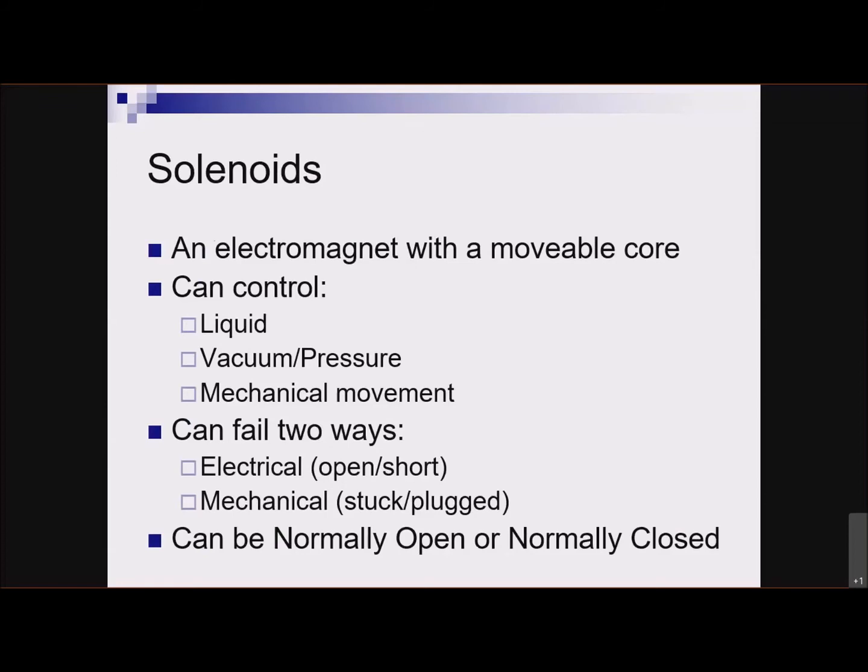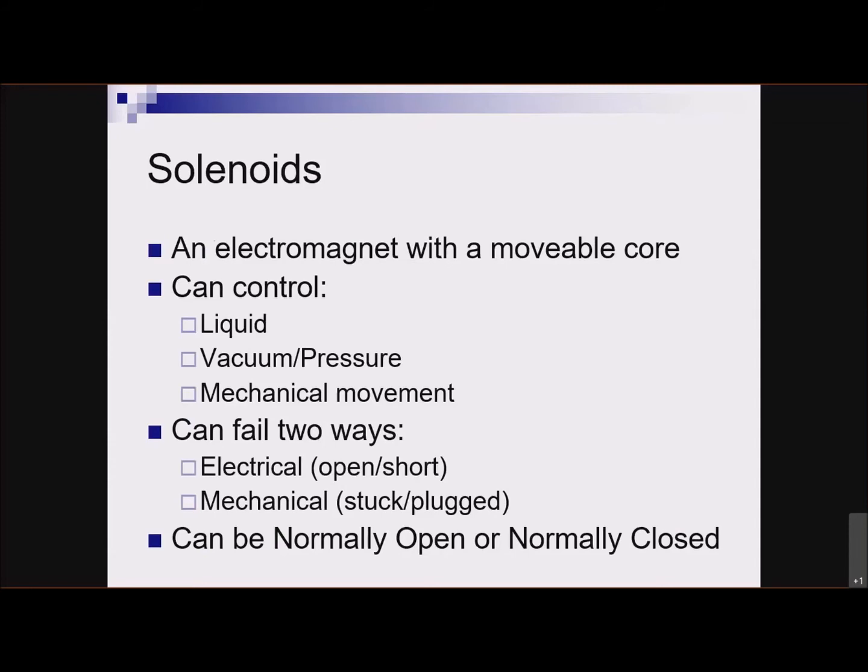Vacuum and pressure, we have the ones probably most people are familiar with, evap vent solenoids, evap purge solenoids. But back in the day, so many things were controlled with vacuum, and the way the computer was able to control the vacuum was with a solenoid valve, vacuum solenoid valve. It could apply vacuum to the EGR valve.